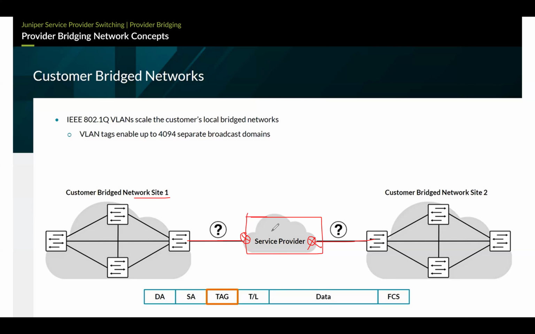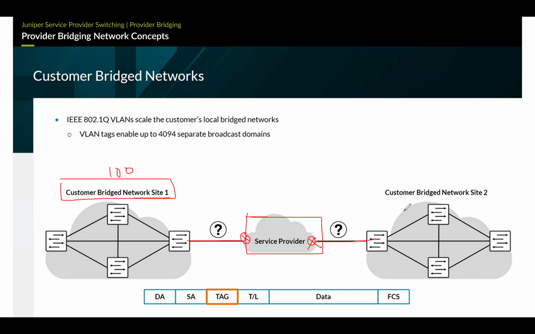It can be an enterprise and service provider, or it can be any service provider, and multiple customers basically connect with the service provider. Consider here, this customer needs 100 VLANs for connecting multiple sites or multiple services.